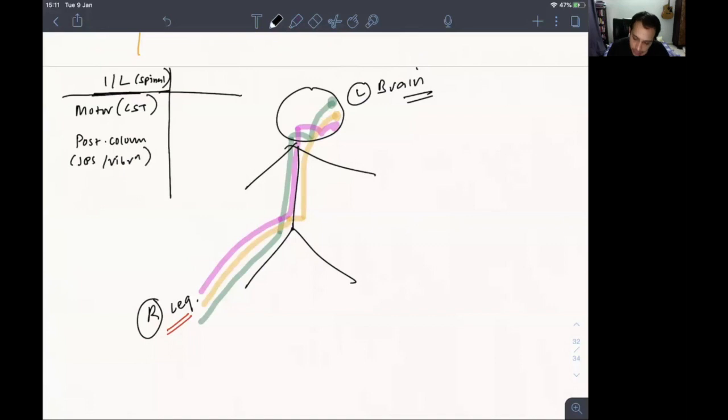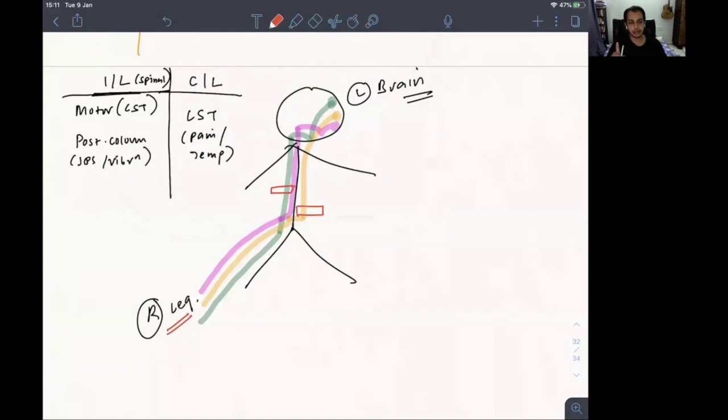So at the level of the spine, they don't cross over. Whereas your lateral spinothalamic tract, which is for your pain and temperature, is contralateral, which means that an opposite side lesion will cause the damage.